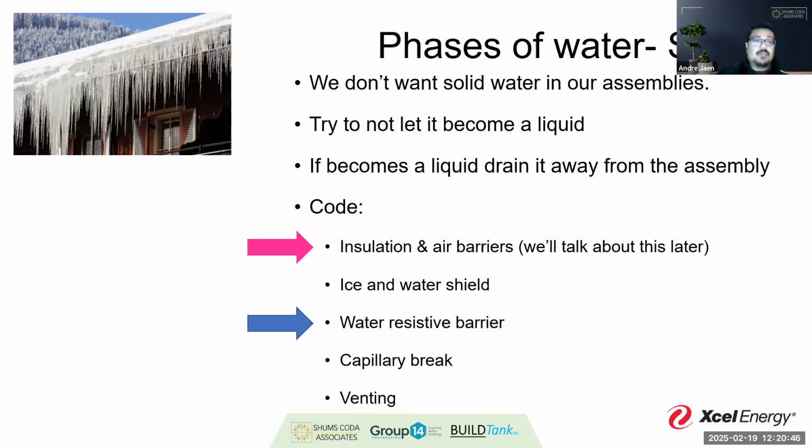You can see from this example on the left-hand side, we've got a significant amount of ice damming here, and this is why we've moved to using things like ice and water shield or ice and water barrier, right? Sometimes you'll hear it referred to that way. I think that's more of the general term than the product name, ice and water shield.